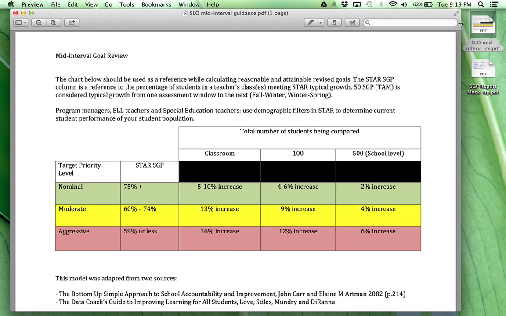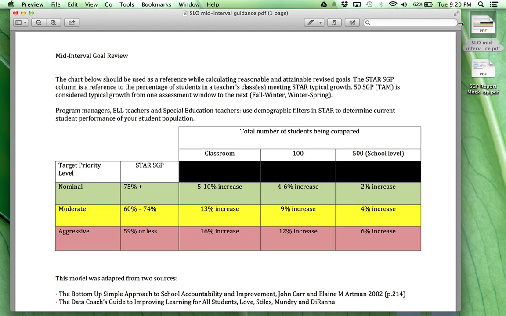So again, happy to answer any further questions about how we got here, but hopefully this provides guidance and also sets us up for end of the year scoring practice with our SLOs and creates a system where we have goals that are attainable for our teachers, attainable for our students, and really allow us to focus in on the students that need to make the greatest amount of growth in the time that we have remaining with them this year, and hopefully lift up the performance of all students.